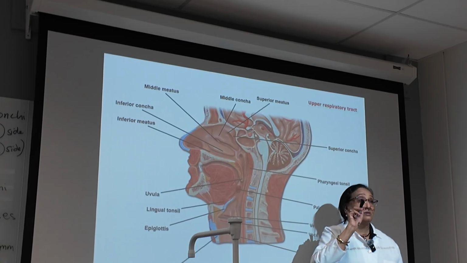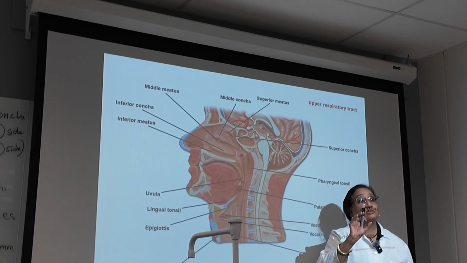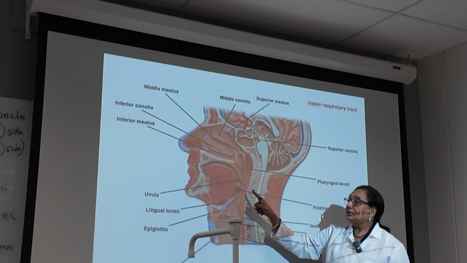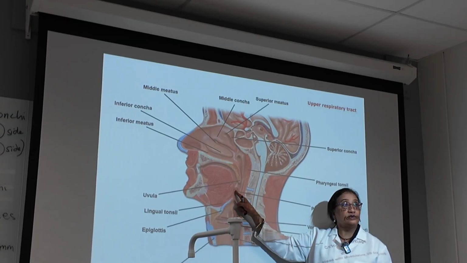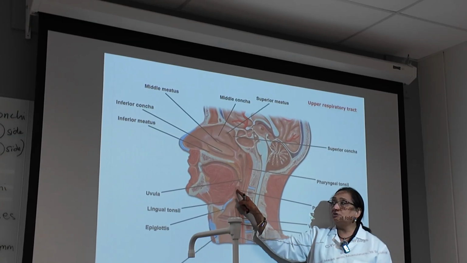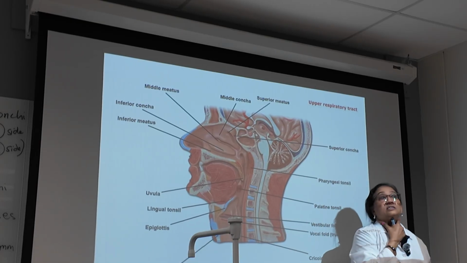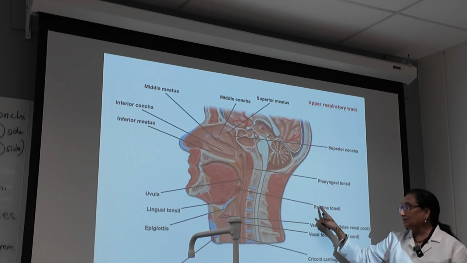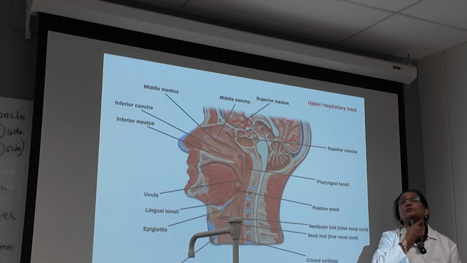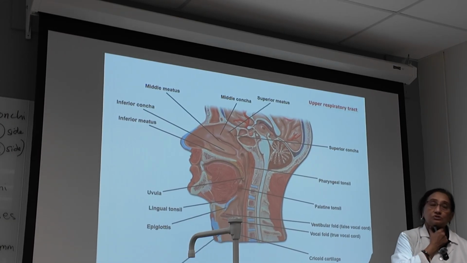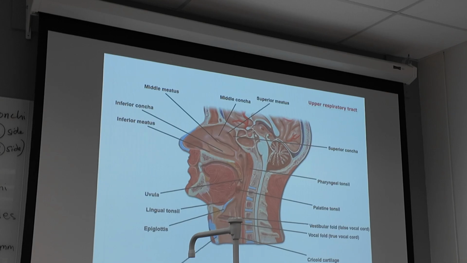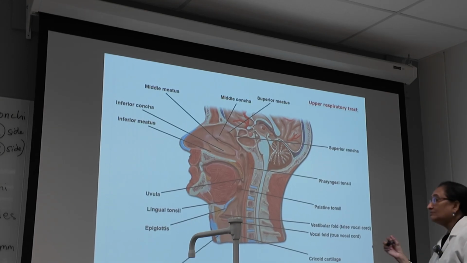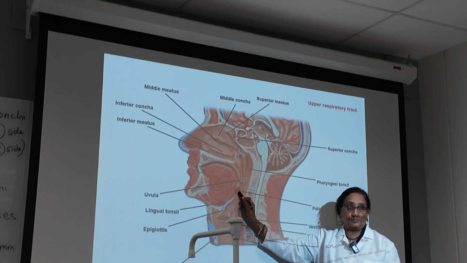But the one that generally gets infected in most people is this one, which is found just below the soft palate. On either side of the soft palate, you find this. This is the palatine tonsil. This is the one that gets inflamed in most of us in children as we are growing up, repeated infection. This one will swell up.